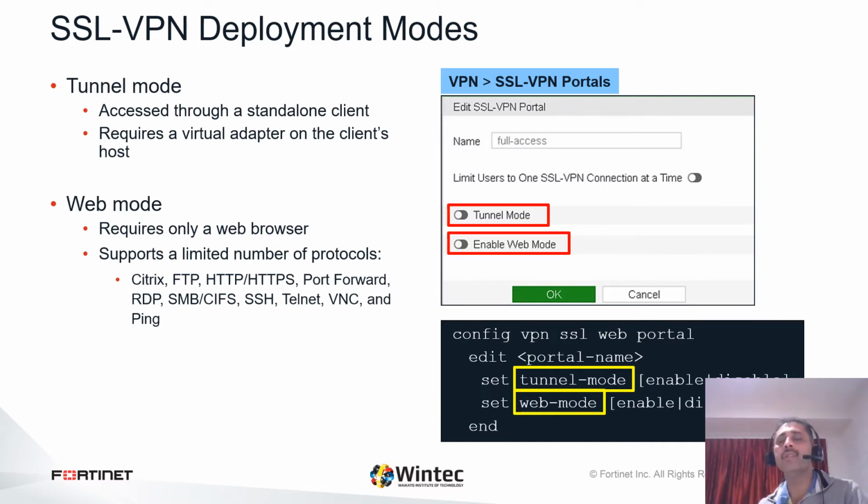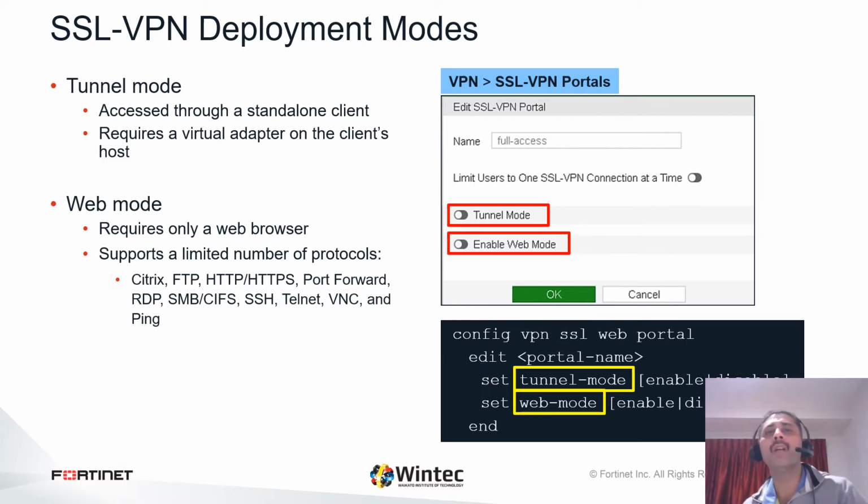Now, the first mode is tunnel mode. It supports most protocols, but requires the installation of a VPN client, or more specifically, a virtual network adapter. Now to tunnel traffic using the virtual adapter, you must use the FortiClient or its standalone Forti SSL VPN client component. So that's the requirement of the tunnel mode. And then you've got web mode.